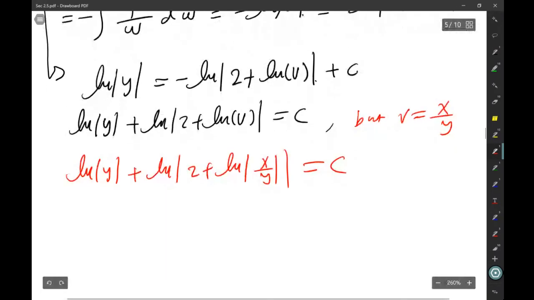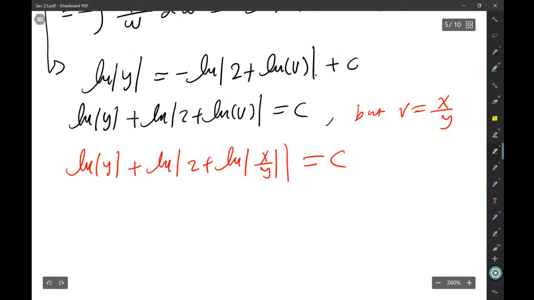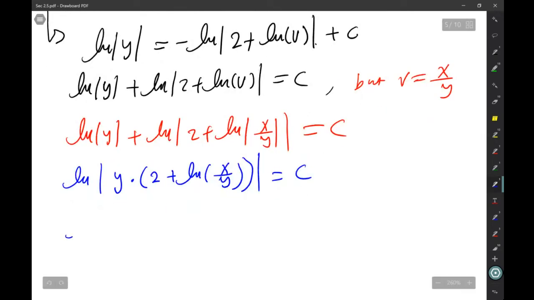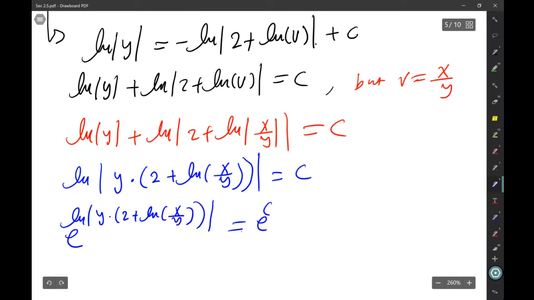Now ln plus ln means a product. I mean the left hand side, so we have to do the simplification. So ln of absolute y times 2 plus ln of x over y is equal to c. Take e for both sides, it becomes e to the power ln absolute y times 2 plus ln of x over y is equal to e to the power c, and let e to the power c be equal to c1, a constant.